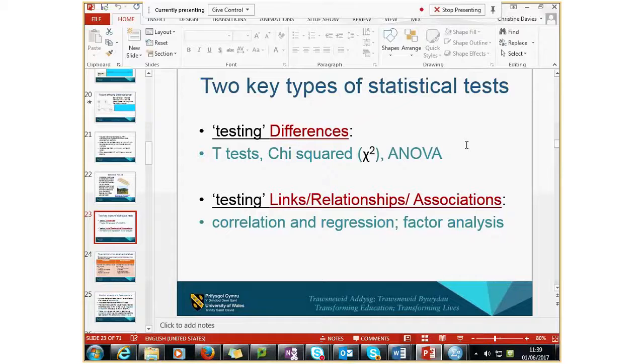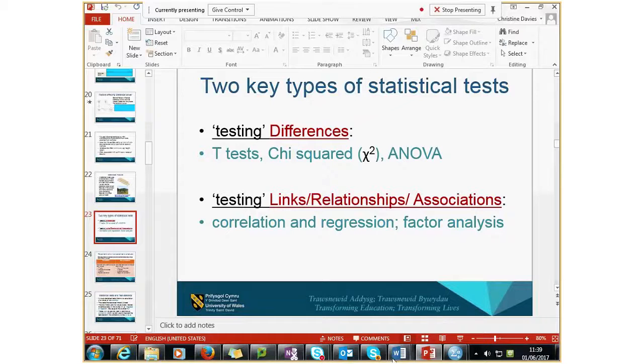You may remember that when we discussed inferential statistics using a PowerPoint, we described two main types of statistical tests, one of which looks for differences between groups and the other looks for links between groups. T-tests are a useful test for looking at differences between two groups, between pairs of groups. So that's what I'm going to look at on this particular occasion.